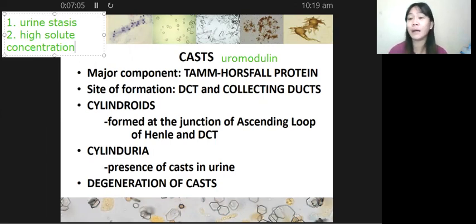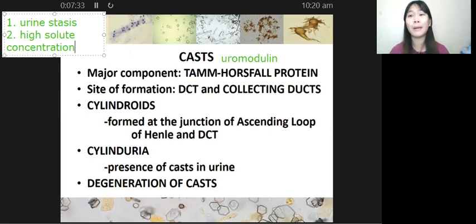Ang nakalagay sa mga references po natin ay high solute concentration. So of course, if for example, mas maraming solutes ang present doon sa ating filtrate or doon sa ating urine, this will promote the precipitation and gelation of your Tamm-Horsfall protein.